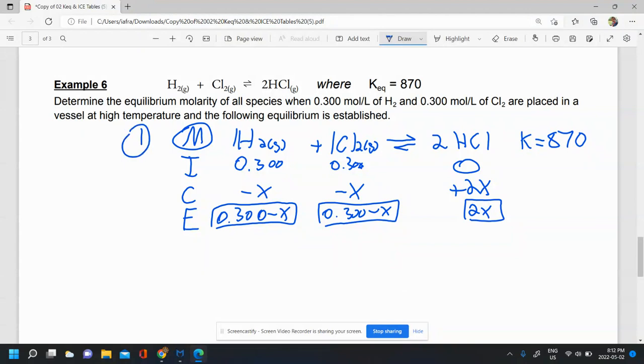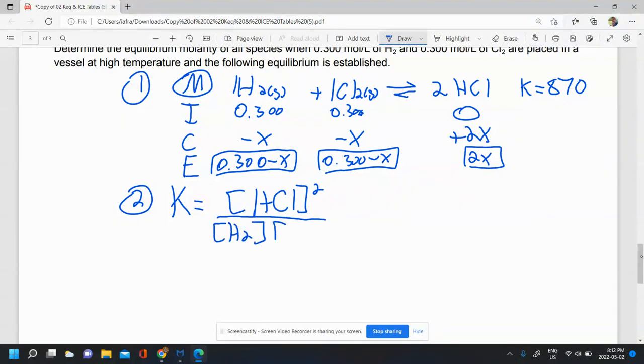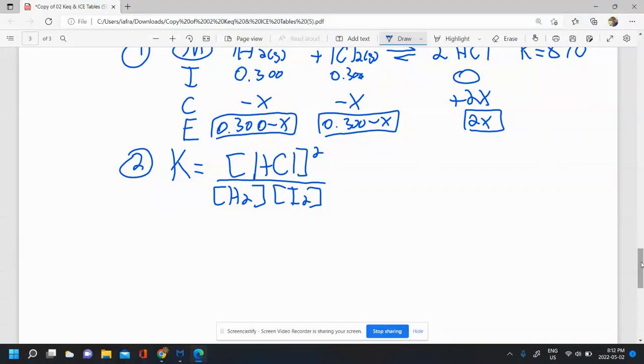So our first step is to write out the ice table. Our second step is to make an equilibrium expression. So K is equal to HCl squared over H2 times Cl2. And now we can plug in all the information we have.